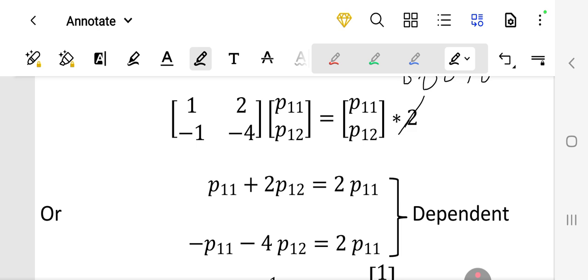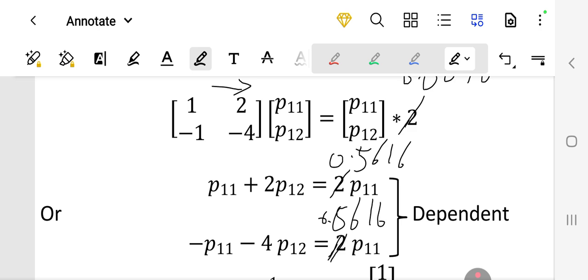We have two equations. We multiply the first row by P11 and P12: 1 times P11, P11 plus 2 P12 equals 0.5616 P11. And for the second row, negative 1 times P11, negative P11 minus 4 times P12 equals 0.5616 times P12.